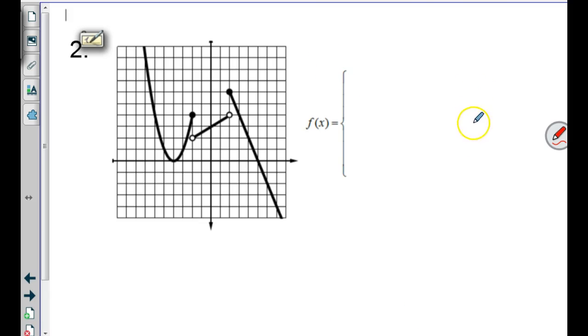Want to do the little pieces first? Okay, where this chunk is all of what? Everything less than or equal to -2. The next chunk right here goes from what to what?